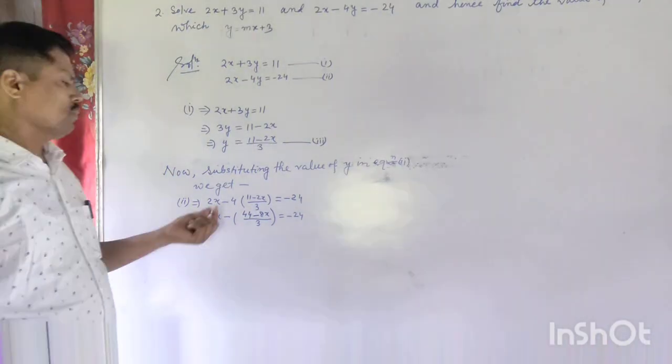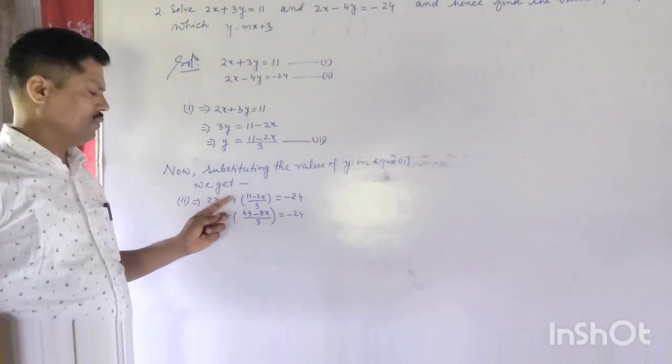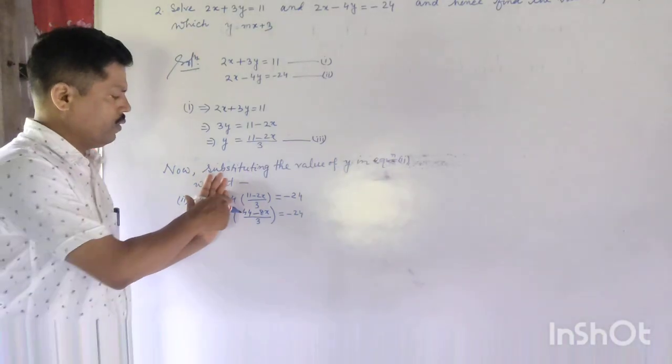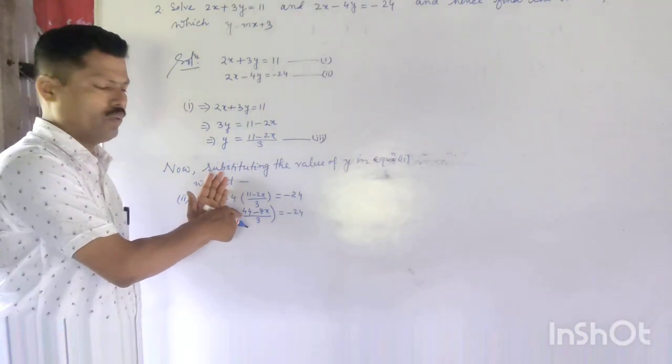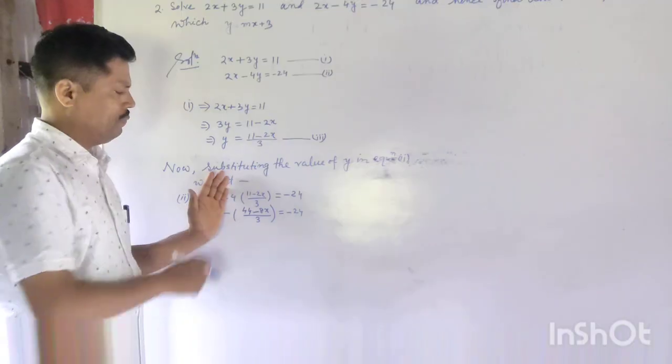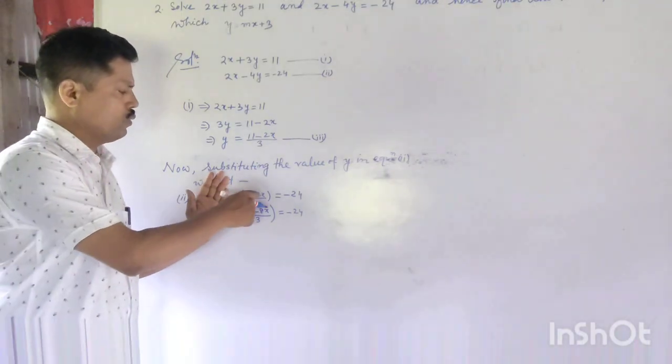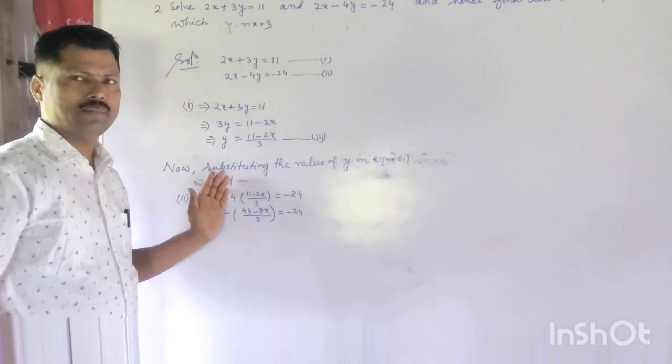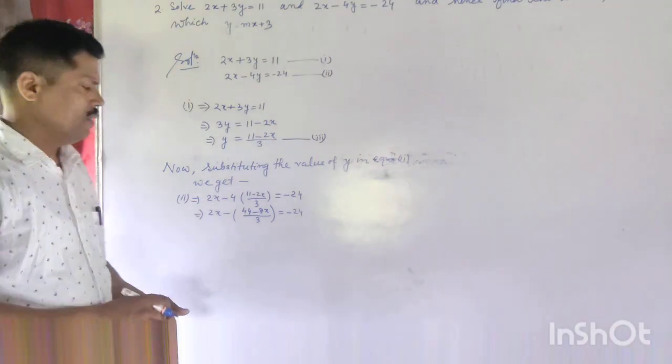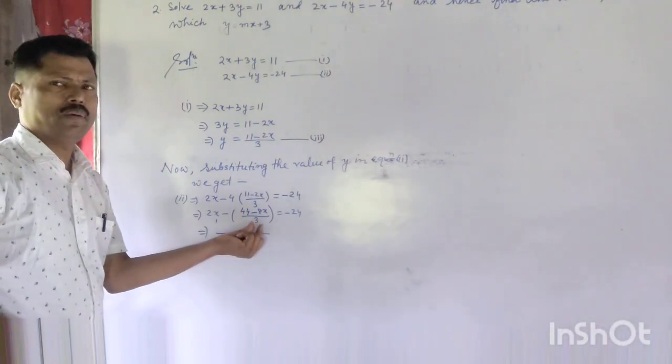So here, keeping the sign the same, just multiply with 4. 4 into 11, that is 44. Minus is there, keep the same. Minus 4 into 2, that is 8, and x is there, that is 8x.